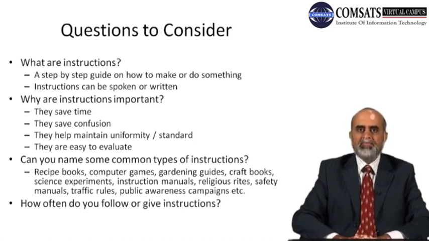A recipe is a detailed or a step-by-step guideline of how to cook something, how to make something, like how to boil an egg. There might be a recipe for that, or how to make biryani. Definitely these recipes are instructions, and they are well structured, well ordered.